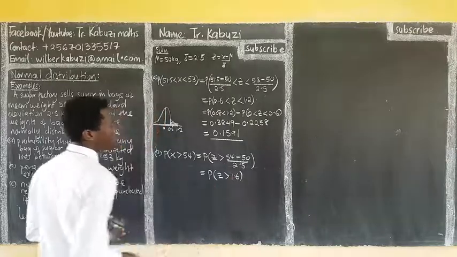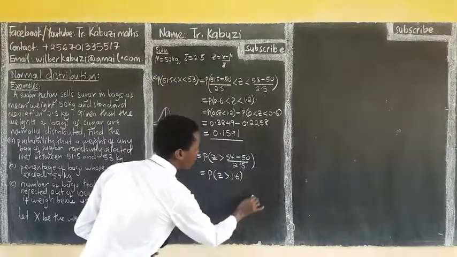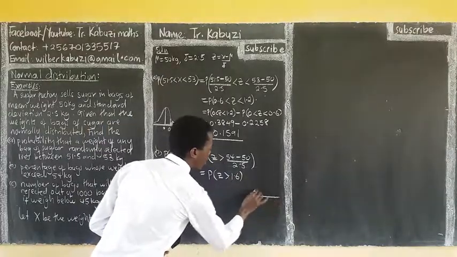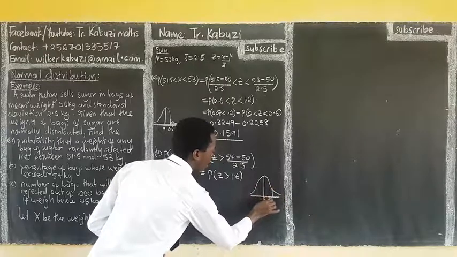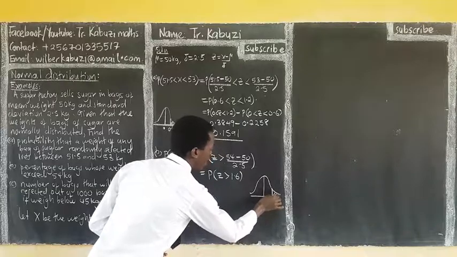On our curve, if you sketch this, it is going to be something like this. This is 1.6, and you want the area above that.